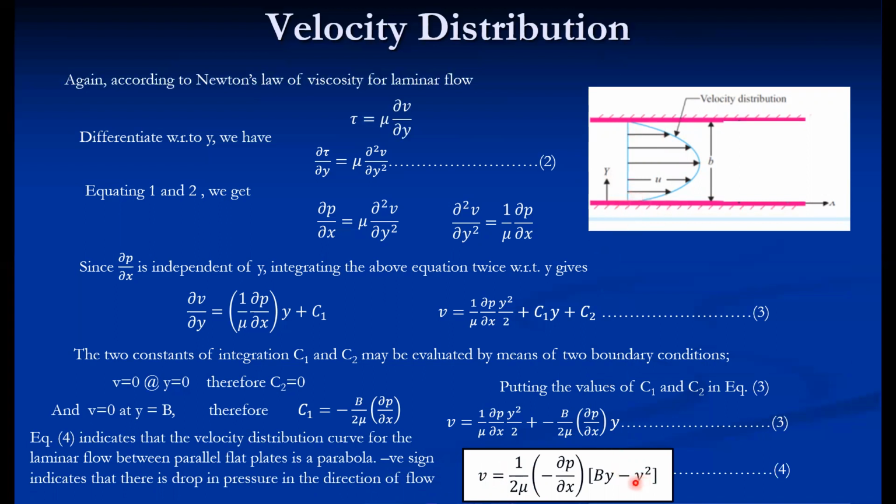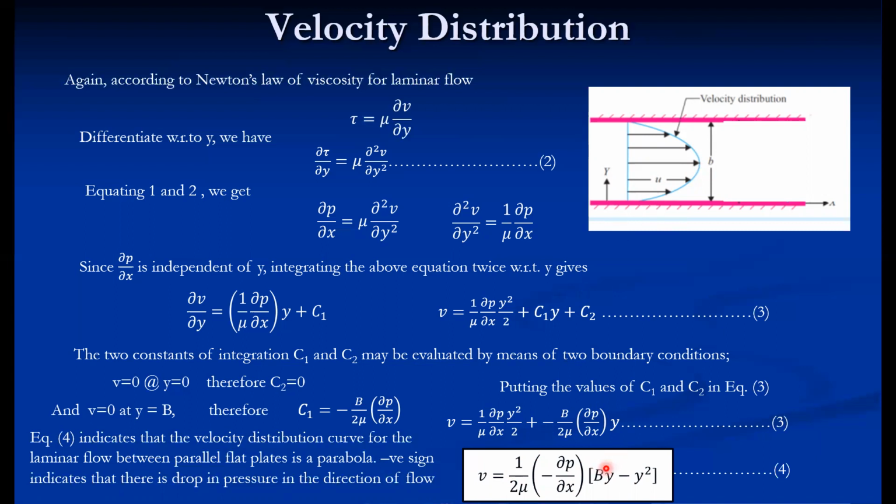If we put y is equal to b, then b² minus b², again this bracket term is 0, then v is equal to 0. So after putting the boundary conditions we can also verify. So the velocity is obviously 0 at the boundaries and it is maximum at the center, like we have discussed in laminar flow in a circular pipe.